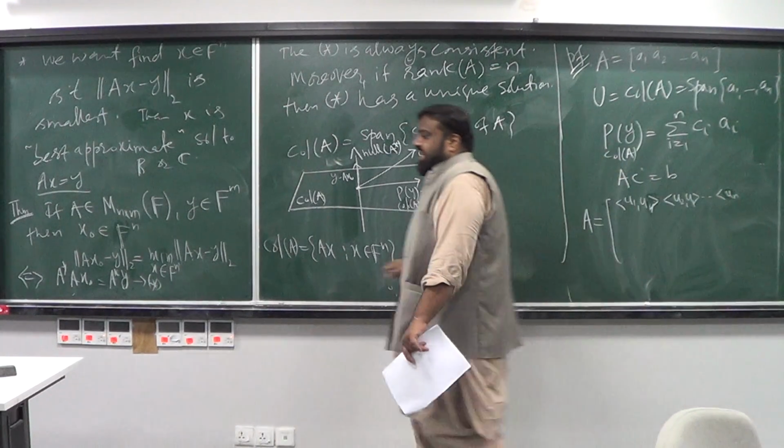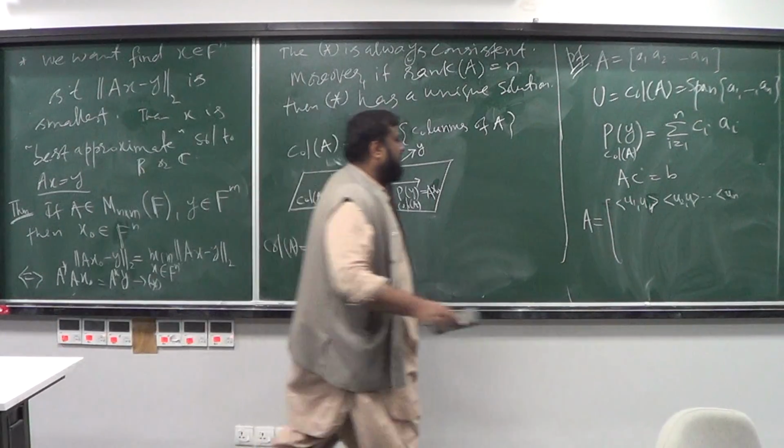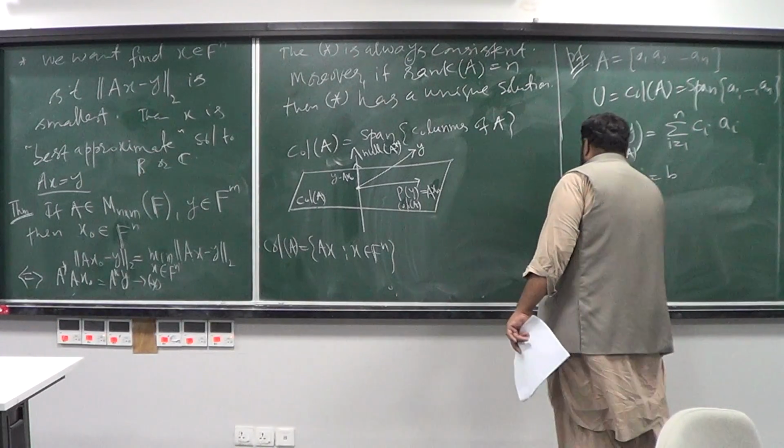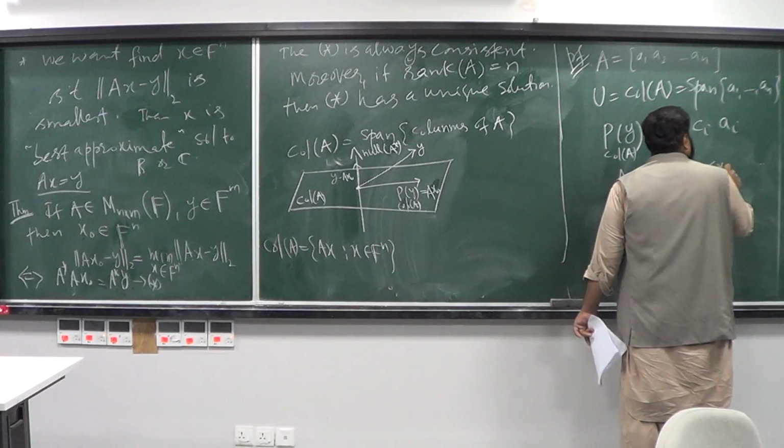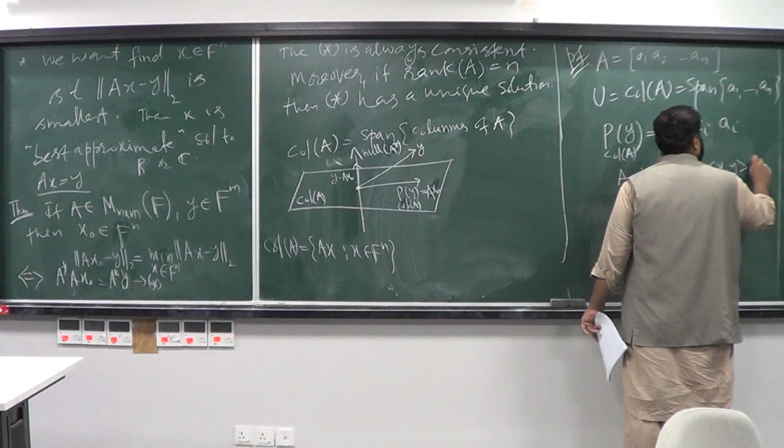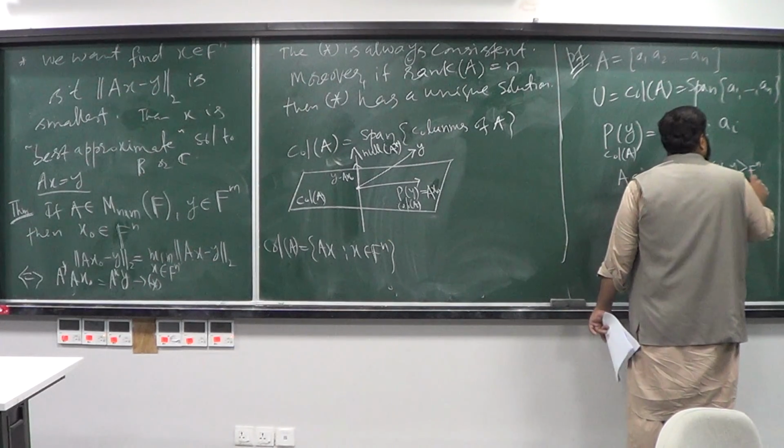Or if I write it directly, what is the norm on Fn? If you have two vectors x and y in Fn, the inner product is y star x.